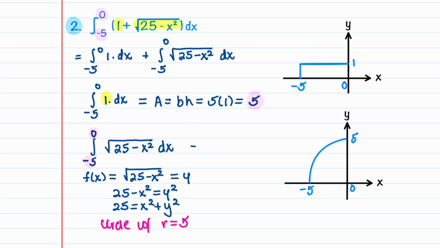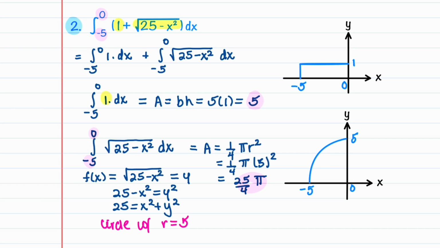So we can say that our integral is our area, and it's 1/4 our area, which is pi r squared. So this is 1/4 times pi times 5 squared. And this gives us an answer of 25 over 4 times pi.